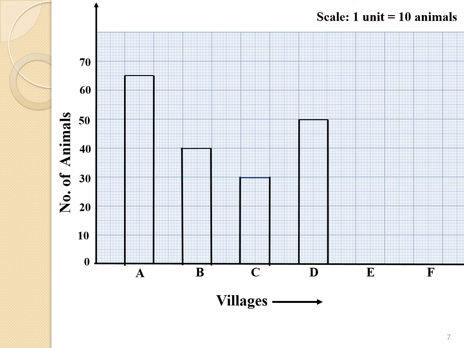Now, let us draw the bar for village E touching the mark 20. And let us draw the bar for village F touching the mark 70, as there are 70 animals in village F.